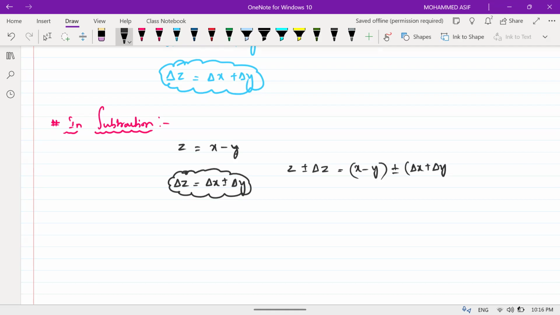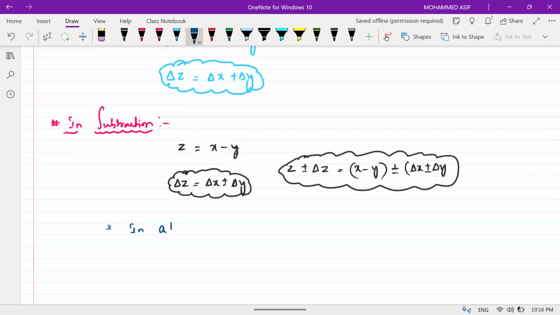Am I clear? Yes. In the subtraction, it is plus or minus, beta. Okay, so I'll write one point. In addition or subtraction of two measured values, absolute error gets added up.